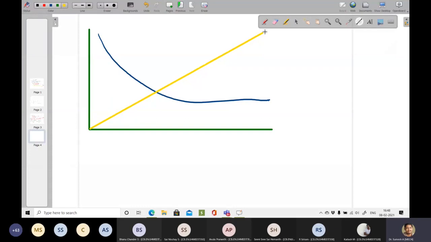And you can see there is a point at which they are intersecting each other. And if you plot the total cost curve, that will be the minimum point.